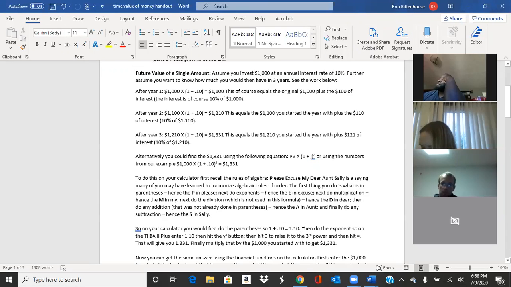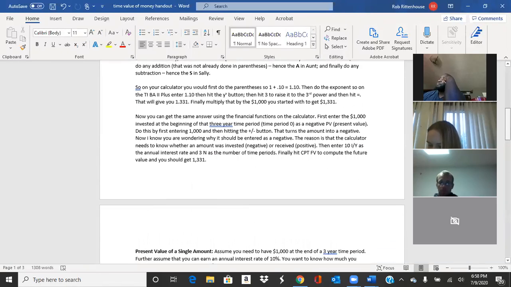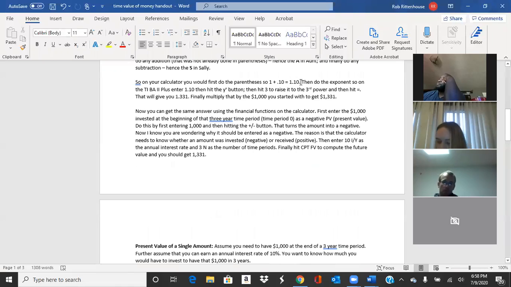So, on your calculator, you do the parentheses and get 1.10 using that previous example. Then do the exponent. If you have the Texas Instruments BA II Plus calculator, which I recommended for the class, everybody just take a minute to do this now.